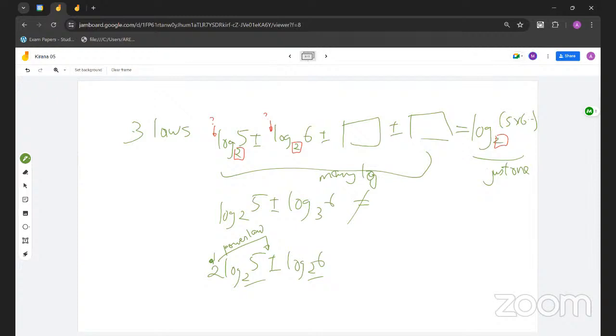This law is the best because it allows you to reduce the number of logarithms. The two other laws, the power law and the base change law, should help you do this, reducing the number of logarithms. That's just a general good idea. You see a logarithm question, you want to reduce the number of logarithms if you can. Very good. And that is my revision for you because you seem to know some basics.